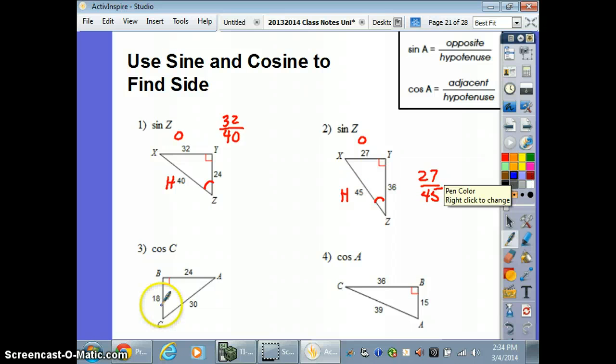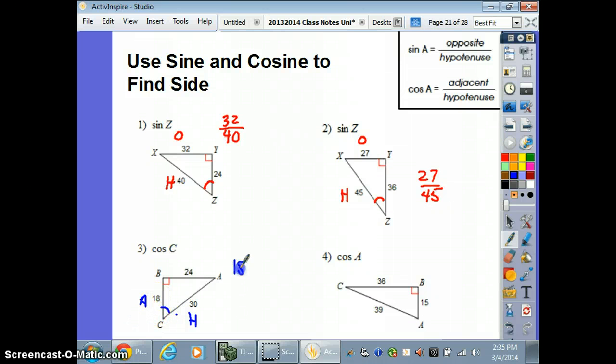Okay, let's do the next one. Cosine of C, this angle. Cosine is the adjacent leg over the hypotenuse. 30 is the hypotenuse. This is opposite. This is adjacent, next to this angle. It's touching it, not the hypotenuse but the other side.